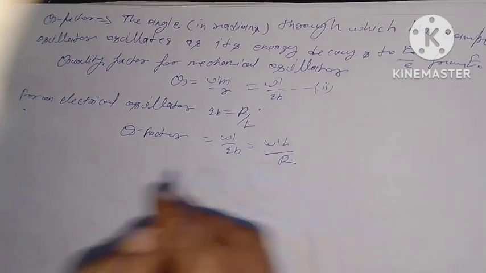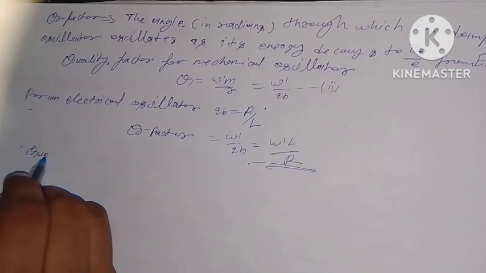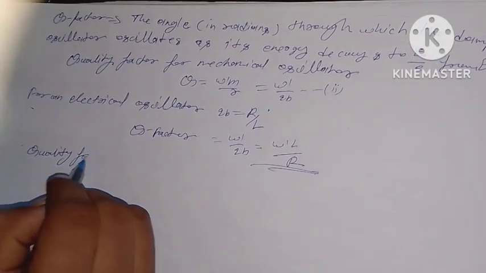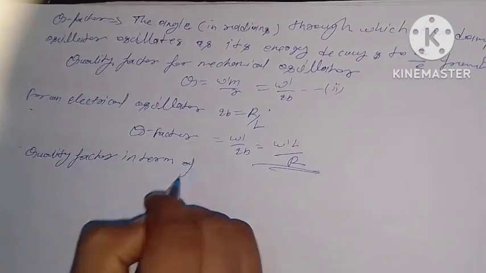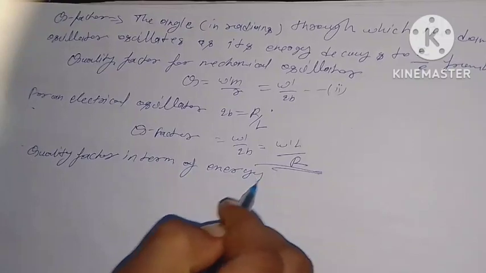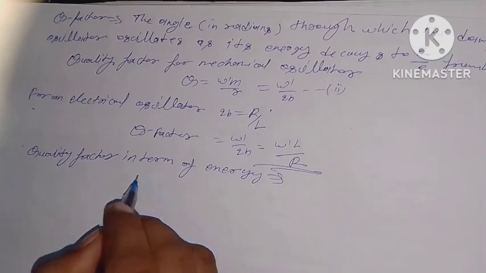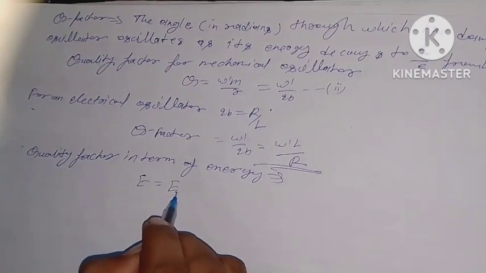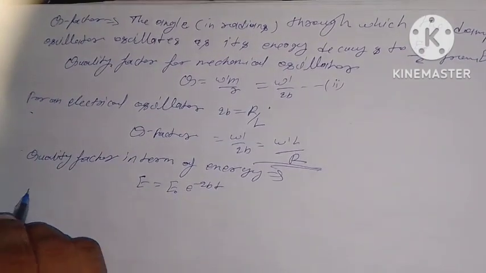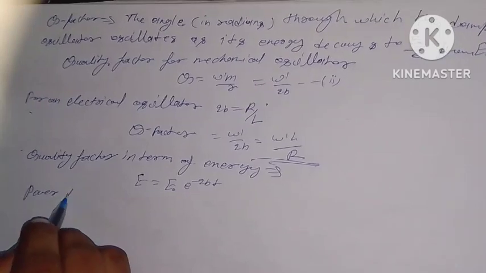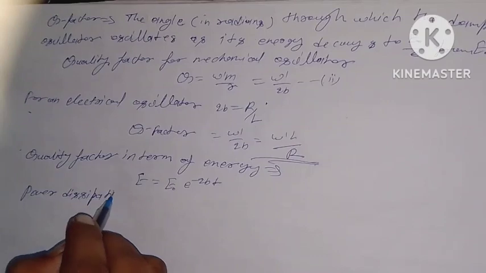Quality factor in terms of energy. The energy of the damped oscillator according to equation number first is given by E equal to E naught e to the power minus 2bt.